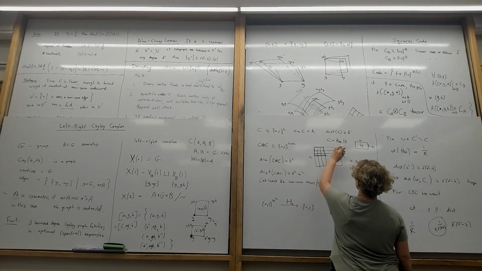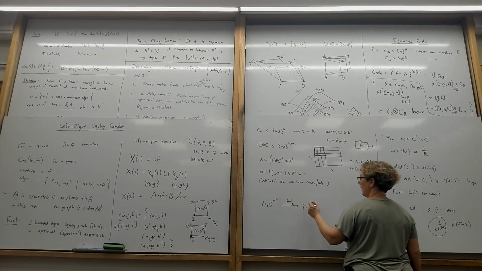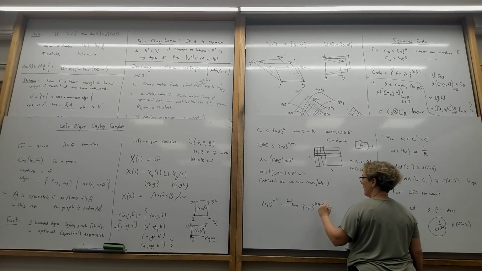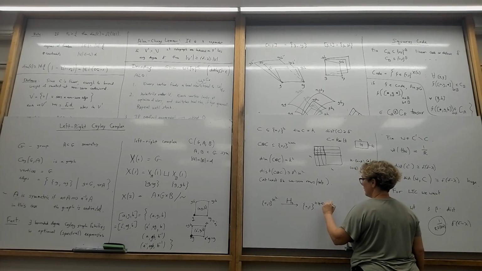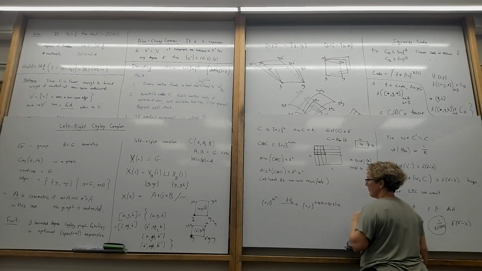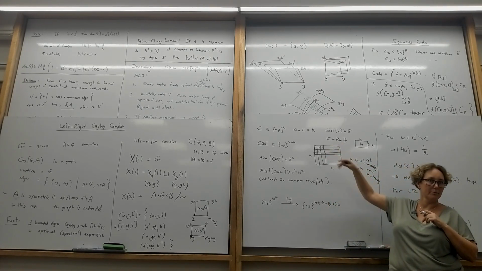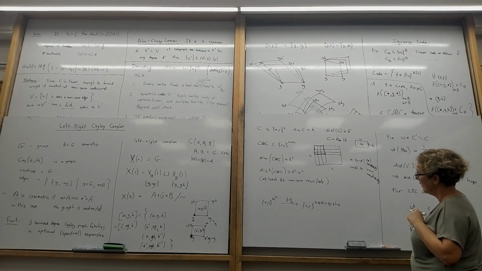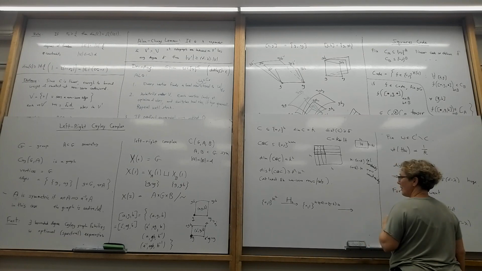It's not this H. It moves me to n times n minus k plus n minus k times n. So these are all the parity checks that we had here. But now I have another arrow.